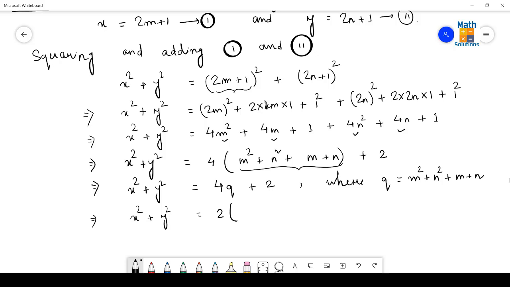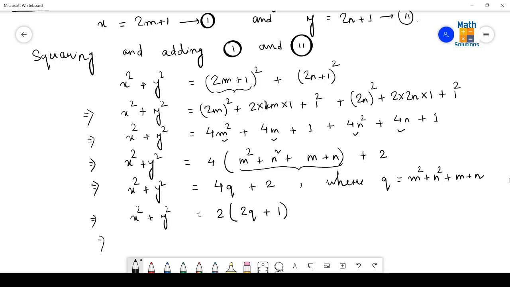We can take common 2. I get here 2 times q left within the bracket, plus in place of this 2 I can put 1. So it is very clear that the quantity which I get on the right hand side is a multiple of 2. 2 into something means that is a multiple of 2. That is why, since this is a multiple of 2, it means the term present on the right hand side is divisible by 2.